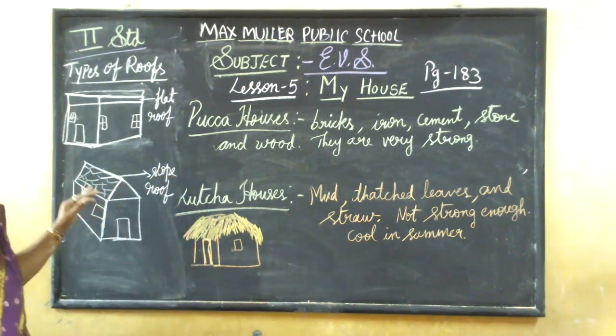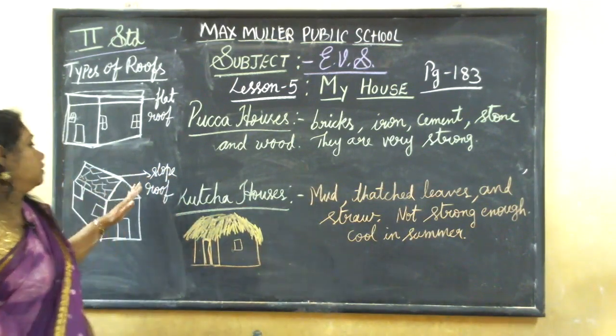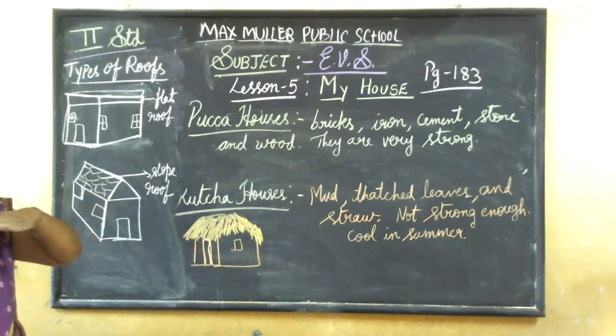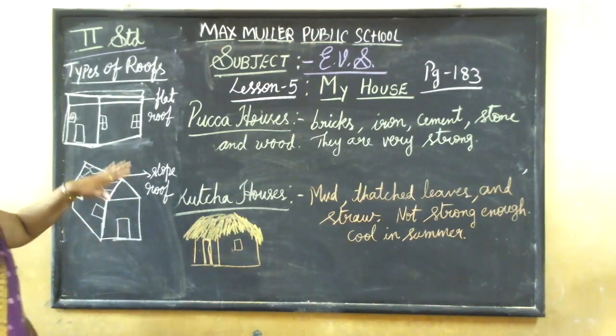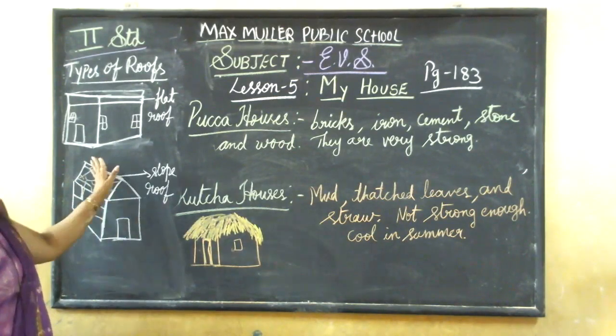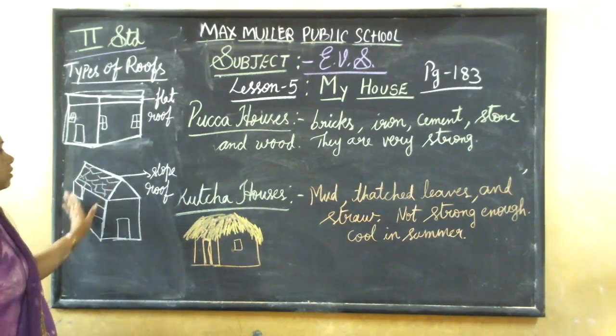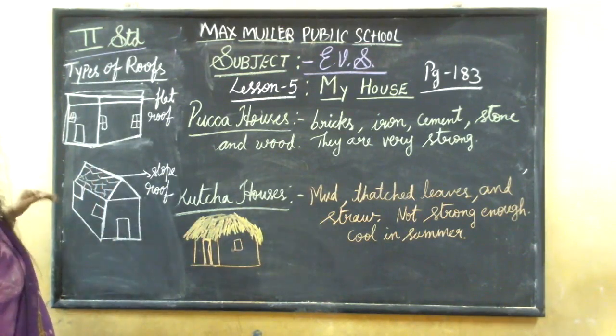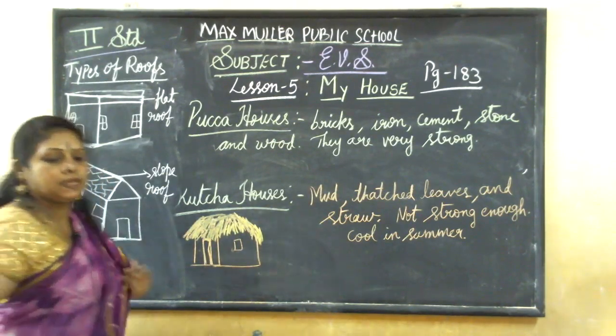Because it rains often, the rainwater should not stand. If it is flat, it stands there only, and the building will get affected. So that is the reason. If it is sloped, the water will flow down. It will come down like that, and the building will be safe.